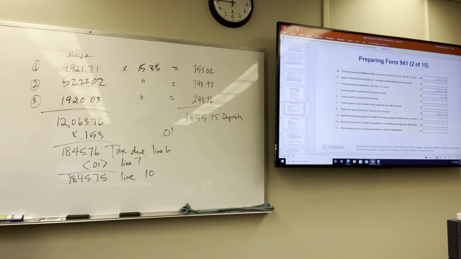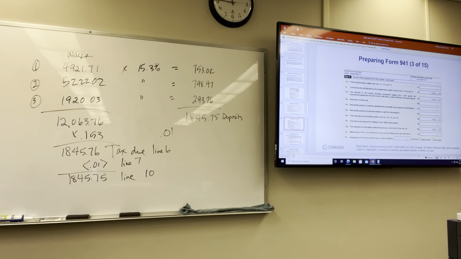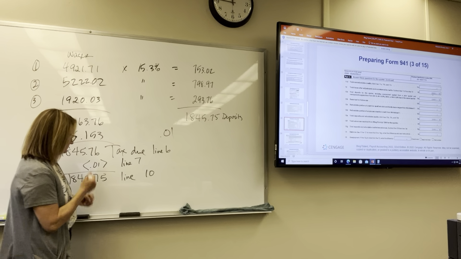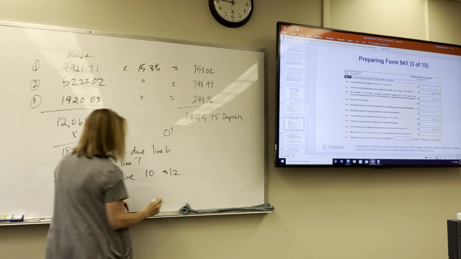So line 10 then is our total tax after adjustments. We're not gonna use line 11A either, or 11B, or 11C. These are different types of payroll tax credits that the employer may have been eligible for. Line 11D also, total taxes after adjustments and non-refundable credits. This line 12 is gonna be the same as line 10.